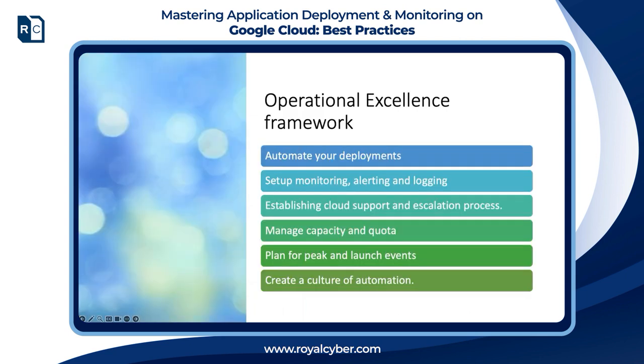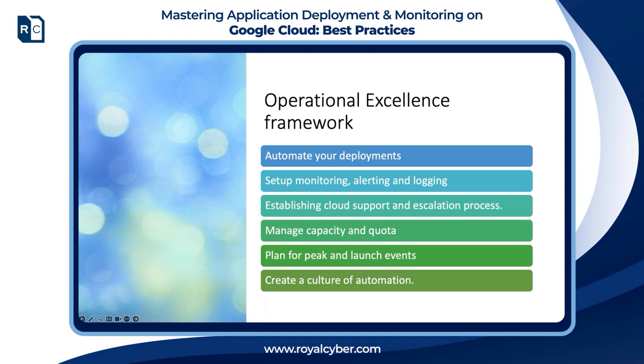If you talk about what the operational excellence framework highlights, these are some of the key pointers we need to keep in mind while applying this framework on any infrastructure on Google Cloud: automating deployments, setting up monitoring, alerts and logging, establishing cloud support and escalation processes, managing your capacity and quota, planning for peak and launch events, and then creating a culture of automation.